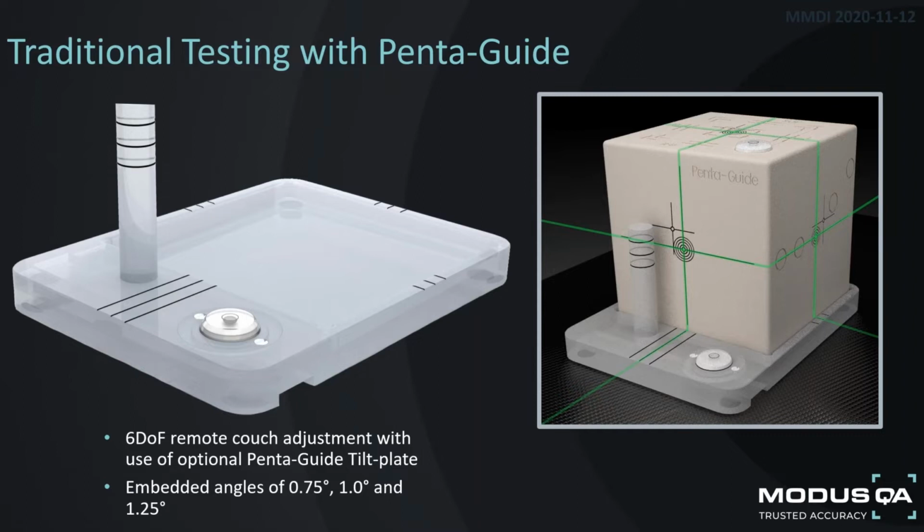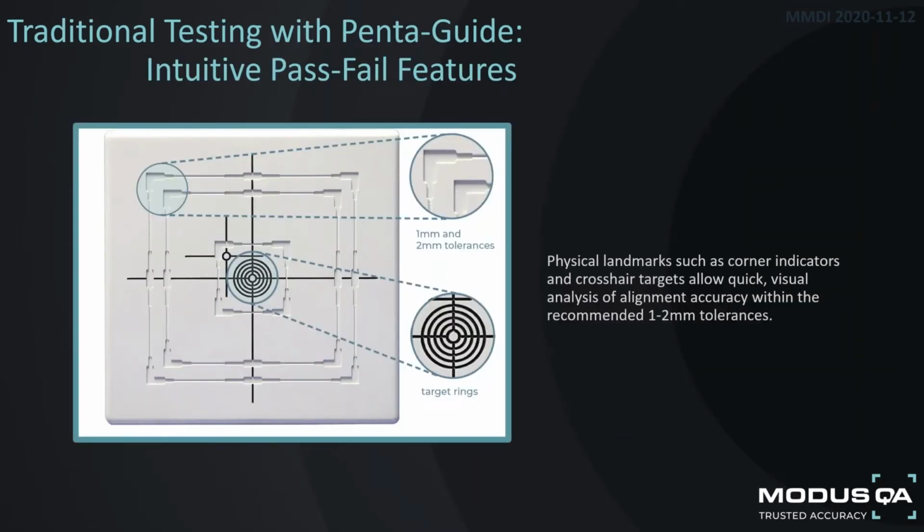As part of the traditional uses of the Phantom, physicists really like the intuitive visual features that we've included in the Penta-Guide. So with a quick glance, you can easily determine if the parameter is in or out of tolerance. So as you can see on this image here, we have physical landmarks indicating pass-fail criteria.